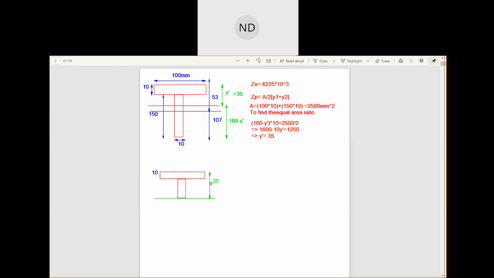So obviously 35 minus this 10 will be this distance from here. This is 25.